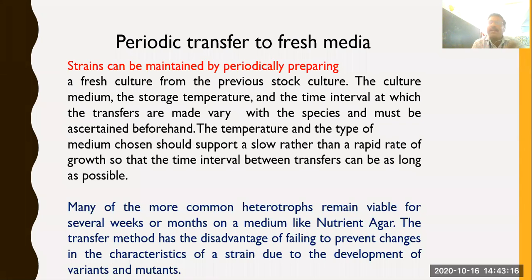So that period can vary. If today we inoculate the culture and incubate it, and proper growth is observed, the same tube you have to preserve in the refrigerator for 15 days. But after 15 days, you have to take the culture and transfer it again onto fresh medium. This technique is known as periodic transfer to fresh medium.